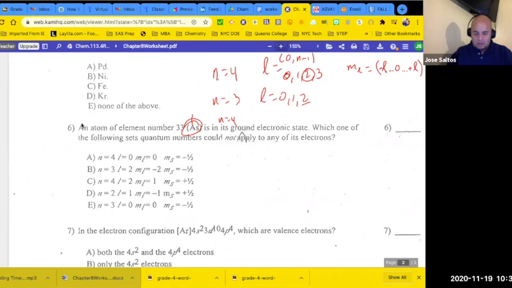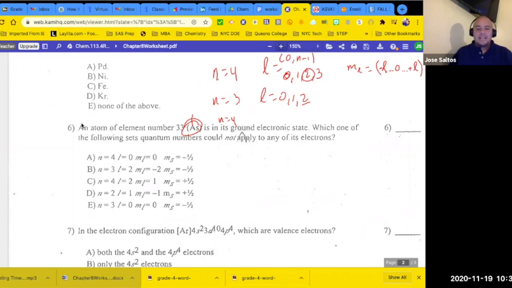First off, I will have to see what its electrons look like. Since we're talking about quantum numbers, we have to talk about the location and position of the electron.